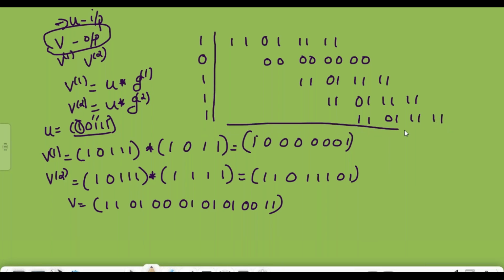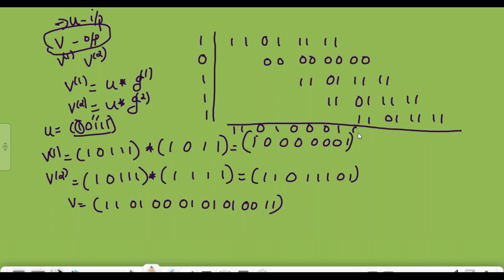Then adding these, we write 1 1 here, then 0 0, therefore 0, then 1 plus 0 is 1, here 1 1 0, then 1 1 1 0 1, therefore here also it is 0. More addition: 1 1 0 here, 1 1 1, so here it is 1, then 0 1 0 1.